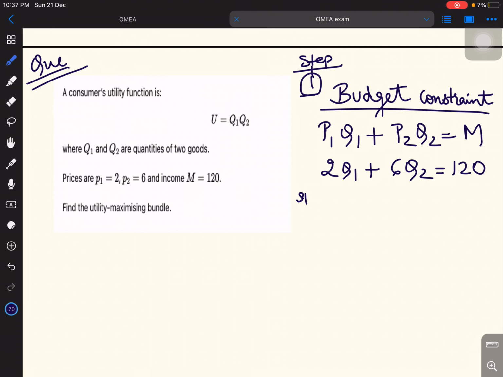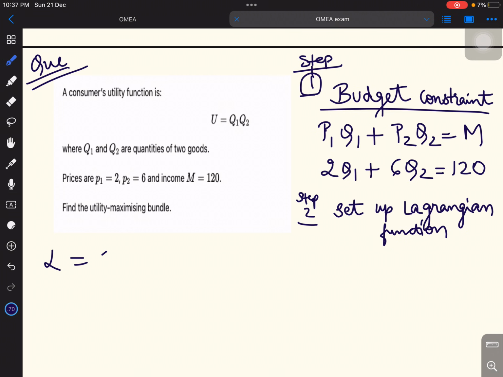The next step is to set up the Lagrange function. Let me write it here.